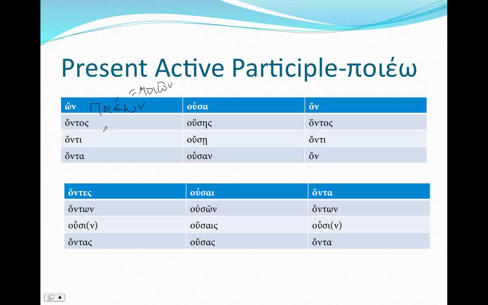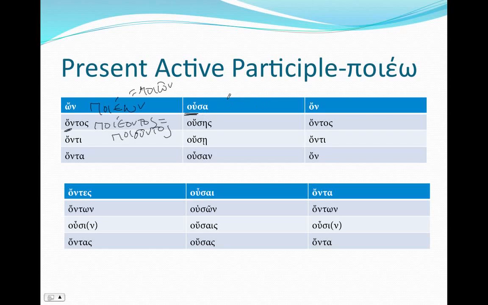But in the genitive, ontos, when we contract that, it becomes poiountos. Same rules of contraction. And if you look at these forms, almost all of them are an epsilon joined with an omicron or an omicron upsilon.